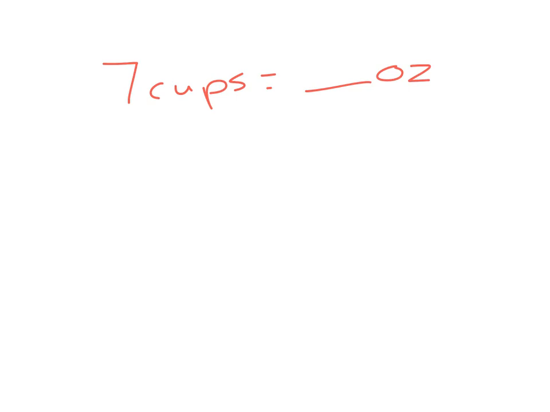Looking at this question, what I mean by larger to smaller, smaller to larger: if I think about that known for my cups and ounces, if you remember, 1 cup is 8 ounces. Whatever is your 1 in your equivalents, in this case our cups, that's our larger unit.